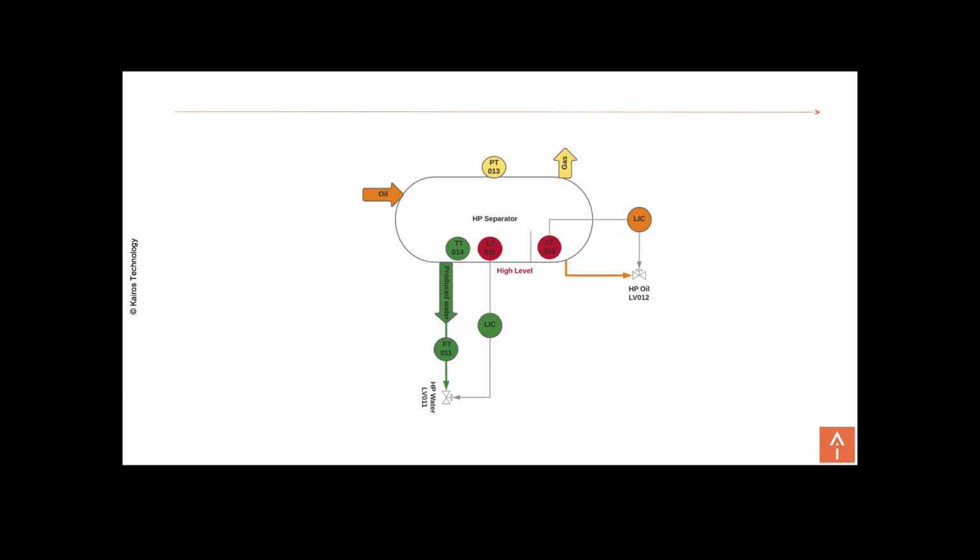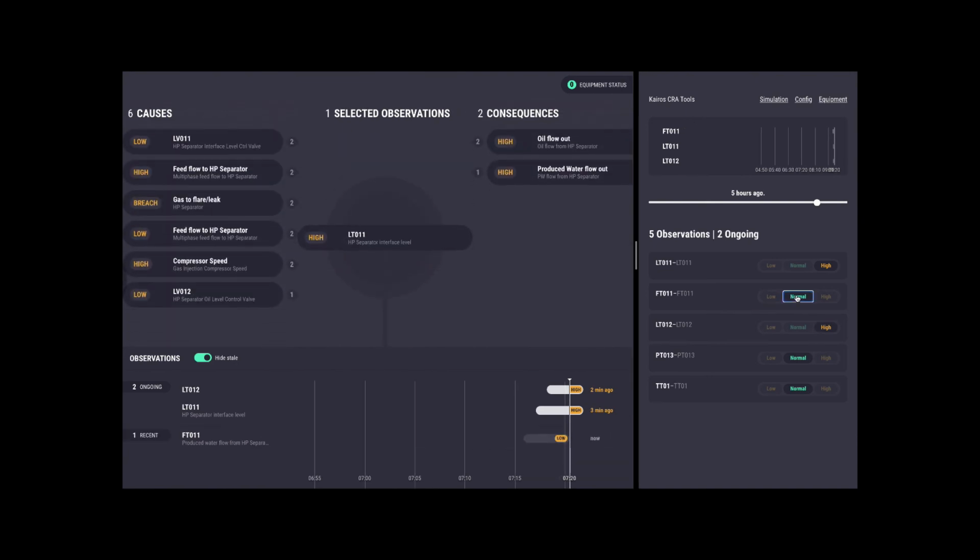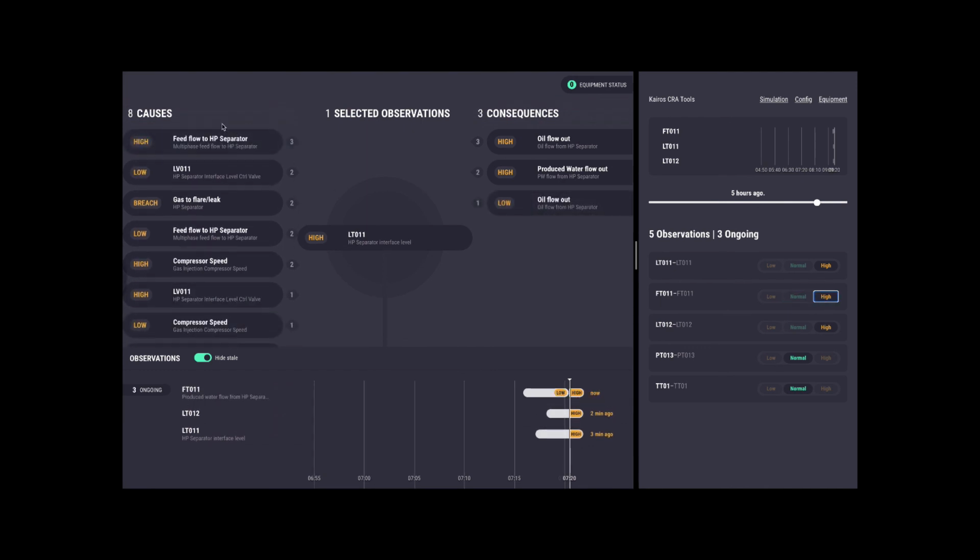So instead, let's say the flow of water out of the separator is instead high. In that case, the control room assistant shows that the most likely cause is actually that we have a high supply to the separator.